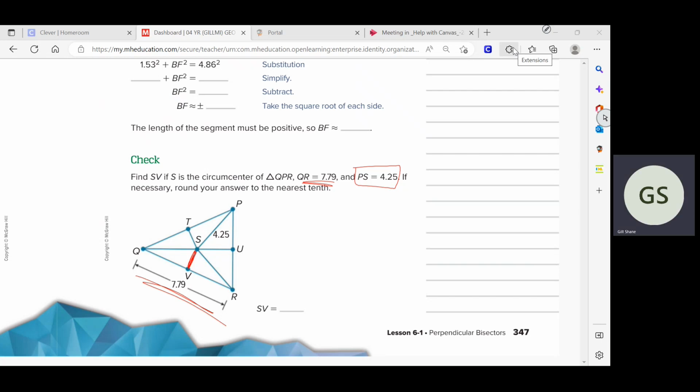When you're doing the right triangle concept, the longest side is the side across from the right angle. So this is actually the longest side, and the side that we know is actually C. I'm just going to highlight it.